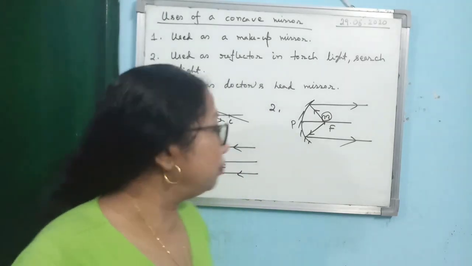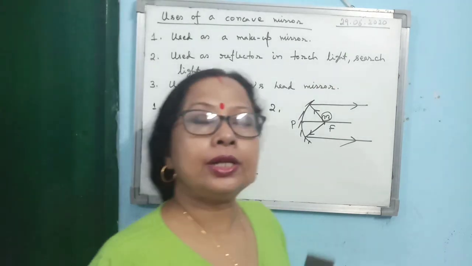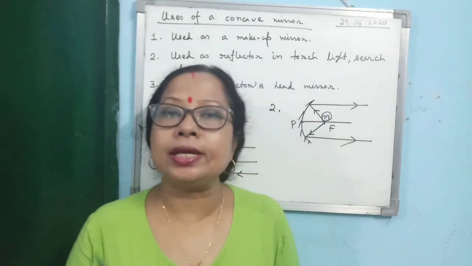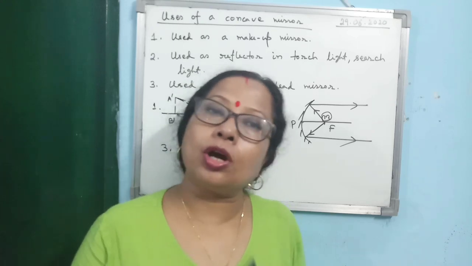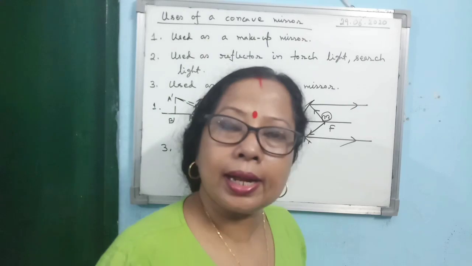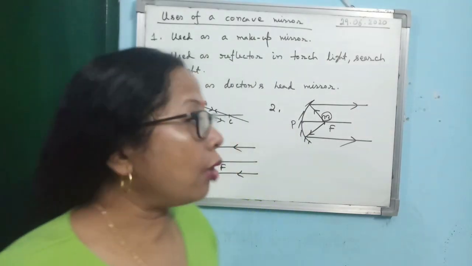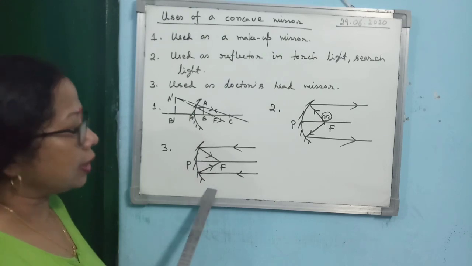Now when the doctor wants to examine the inside of the ear, nose or throat, the torchlight will not be able to send light directly within the organ. In that case, how is it done? A parallel beam of rays is allowed to fall on the concave mirror.